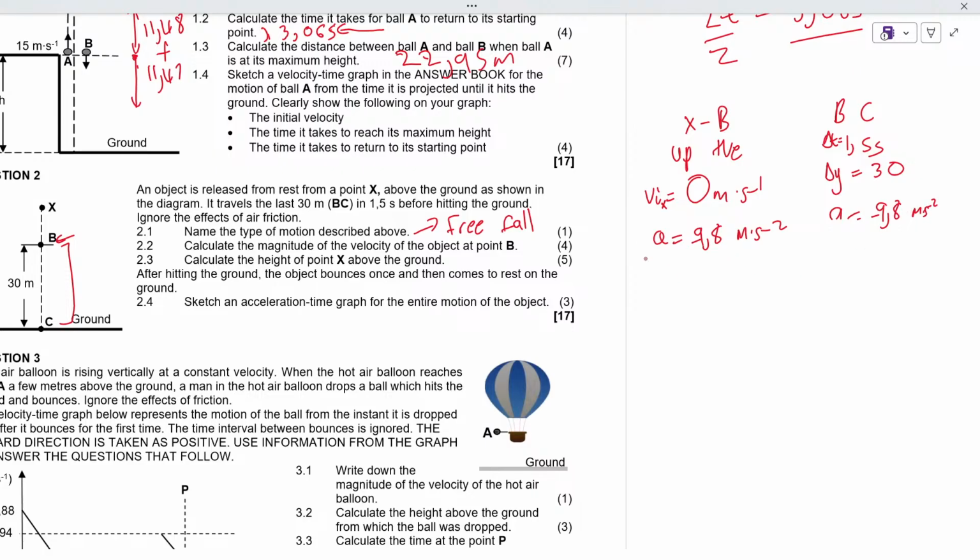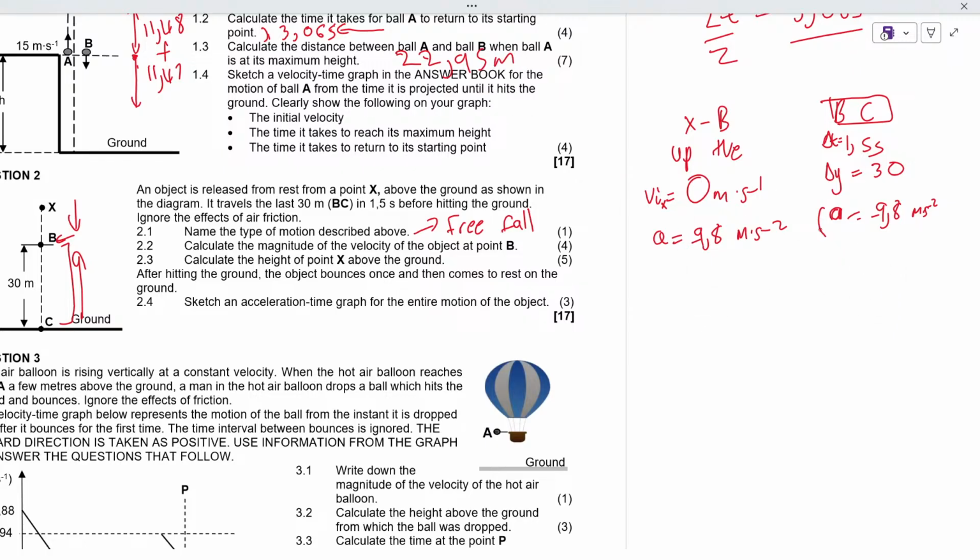So now, which formula can we use? Where do we have more information to use an equation, here or on this side? It's on BC. Which equation can we use on BC?